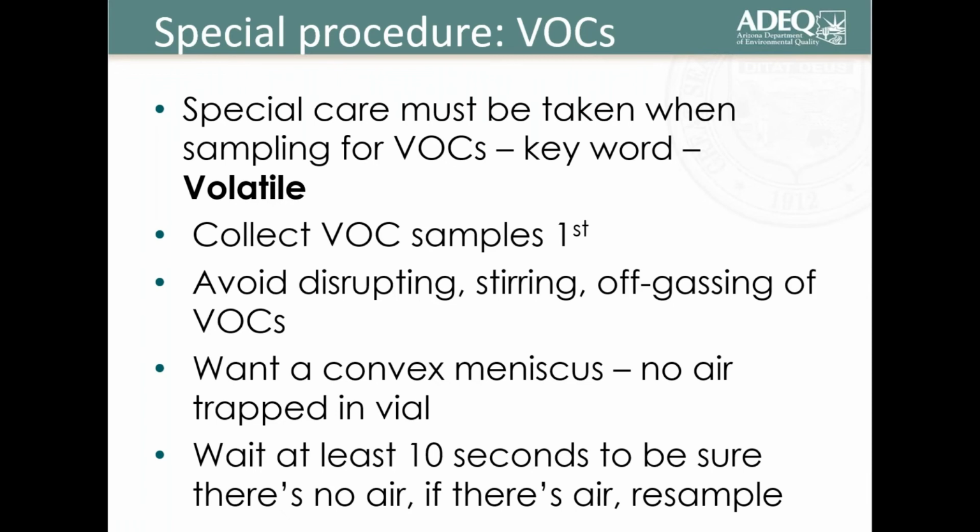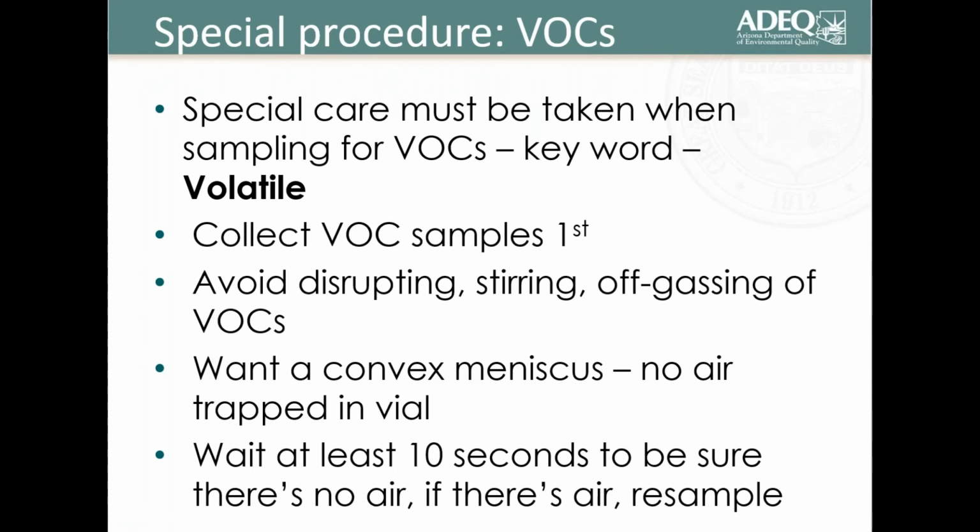And something very important, and you'll see it on the Test America and all the different labs now. They want a convex meniscus in the vial. Convex means that, like a bowl, the curve is at the bottom.